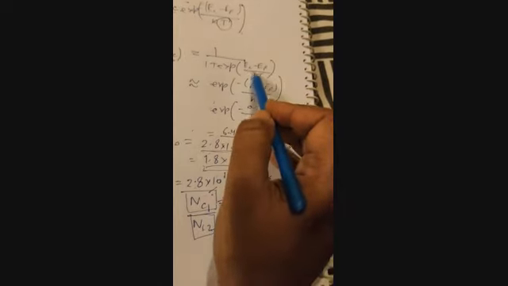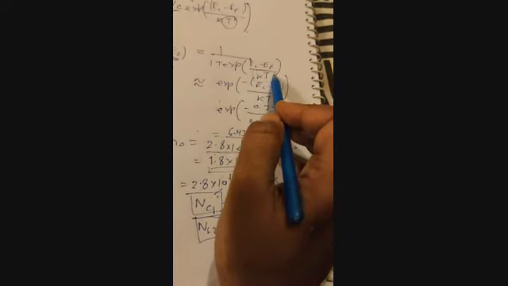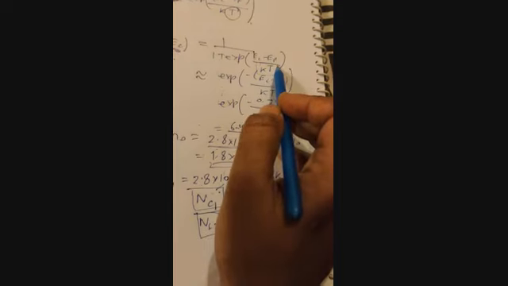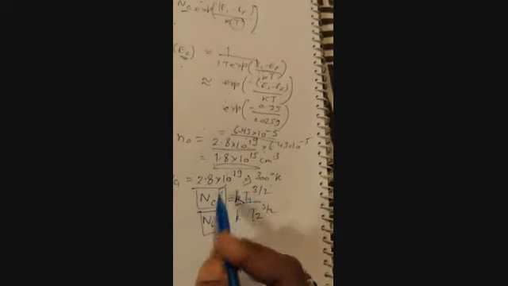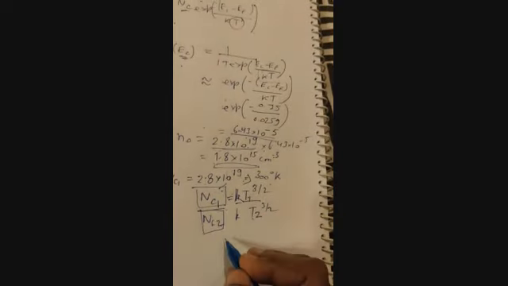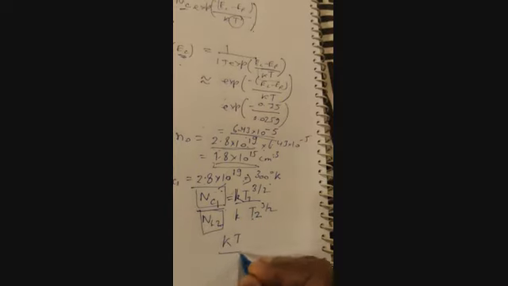Now one more thing: this is kT, and I have to put this value in electron volts. Suppose you don't remember the value of kT, how will you proceed? I told you the quantity kT/q.